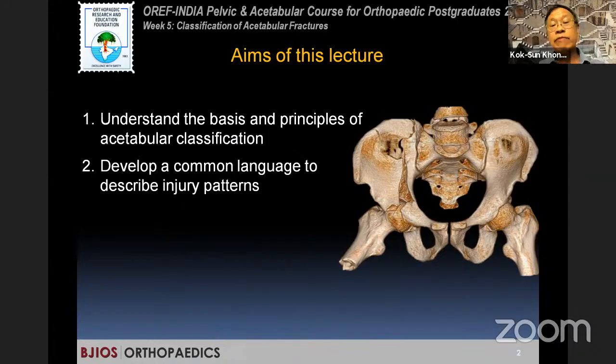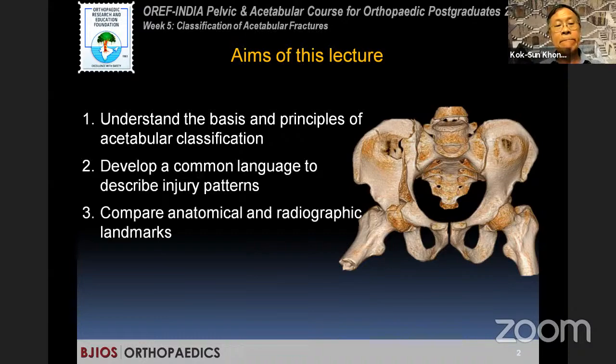It also helps to develop a common language to describe various injury patterns, and certainly in the acetabulum and the pelvis in general, there are many variations, but they all follow certain patterns, and that is the pattern that we should recognize by the classification process. You also have to compare the anatomical and radiographic landmarks, and that's how we learn.